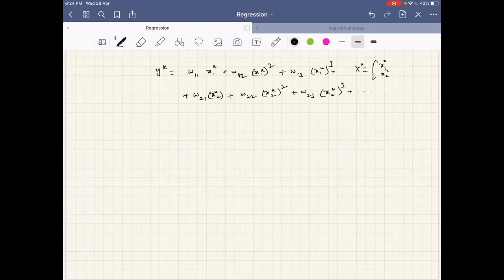So not necessarily 3 terms, it's up to us. So this is in some sense one example of nonlinear regression.